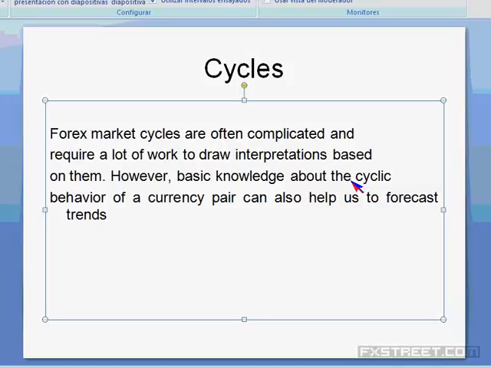Yet understanding the cycles will not give us an exact entry or exit point, or the perfect trade. The fact is that, as I said here, the basic knowledge about the cycle behavior of a certain currency or currency pair can help us to forecast those trends. And that's the overall reason why we are here.